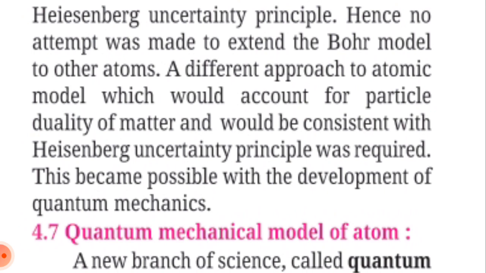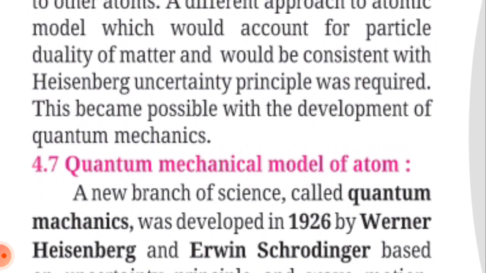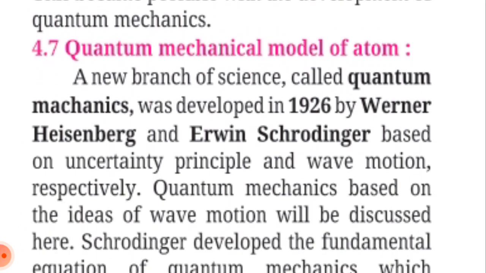Hence, no attempt was made to extend the Bohr model to other atoms. A different approach to atomic model, which would account for the particle duality of matter and would be consistent with Heisenberg's uncertainty principle, was required. This became possible with the development of quantum mechanics.